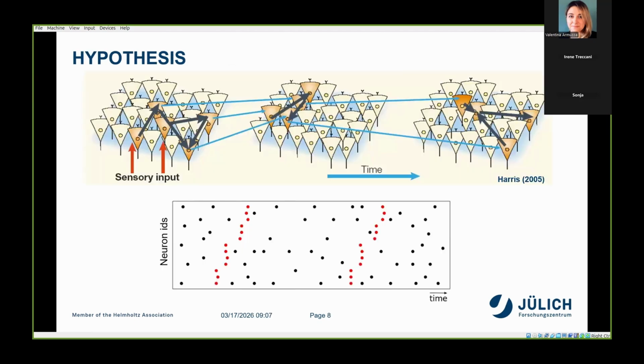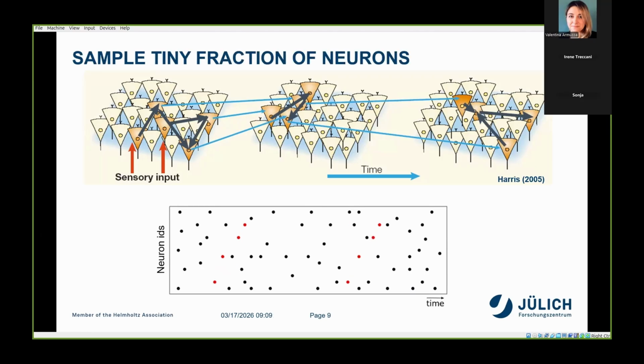Okay, let's go back. So I said this might be the propagation of activity, and our subsampling likely does something like this. Is the recording from individual neurons or a superposition of a group of neurons?